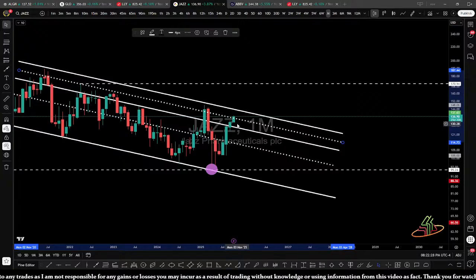This is the beginning of the month of October, and we've broken into this area right here, the top 50% of this trend. So I would automatically think to aim for the top of this trend line, which is 143 for Jazz.